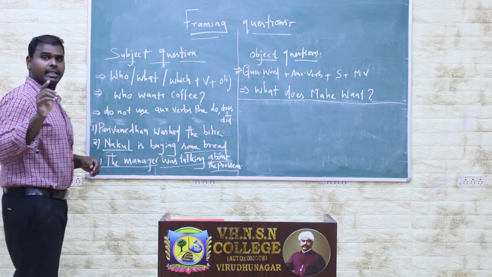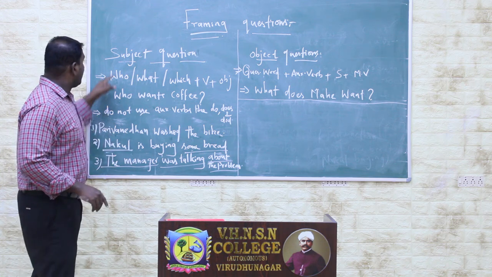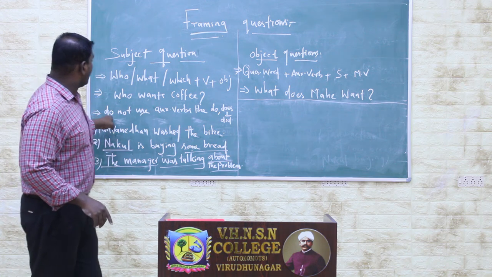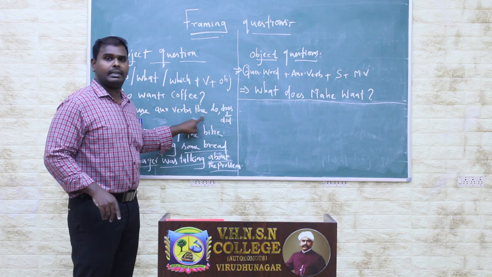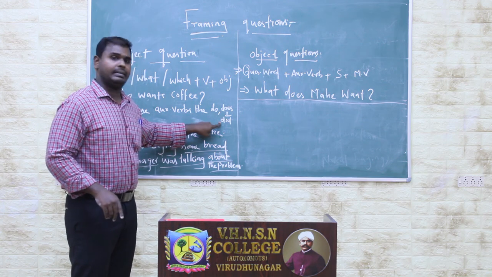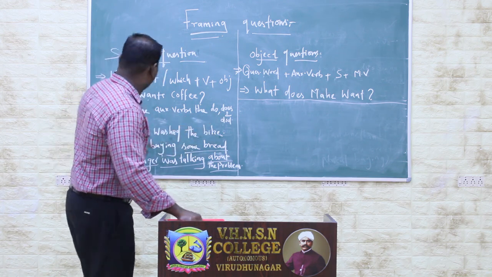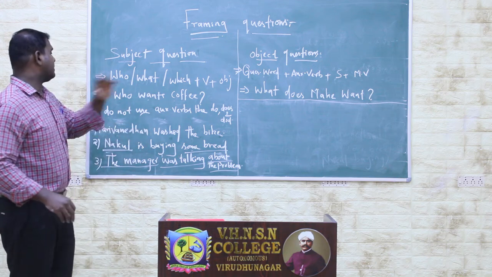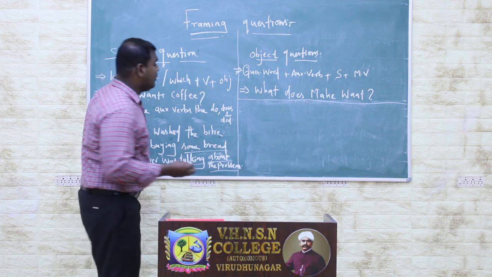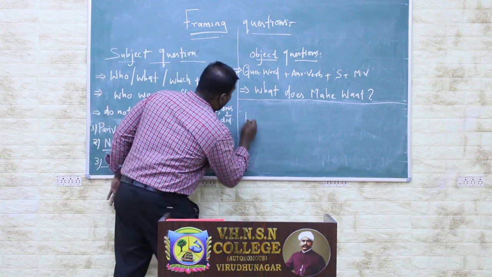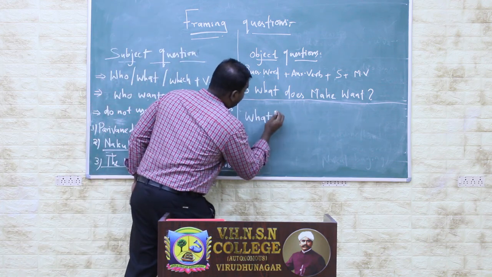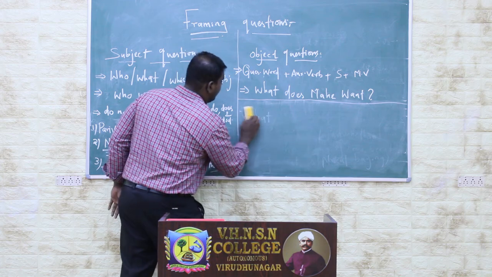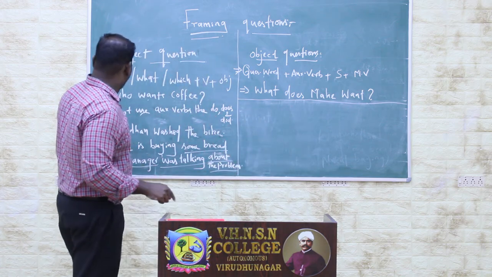Another thing I want to tell you is that while framing a subject question, we should not use auxiliary verbs like do, does, did. For example, take the sentence Parinandan was the bike. The answer should be Parinandan.